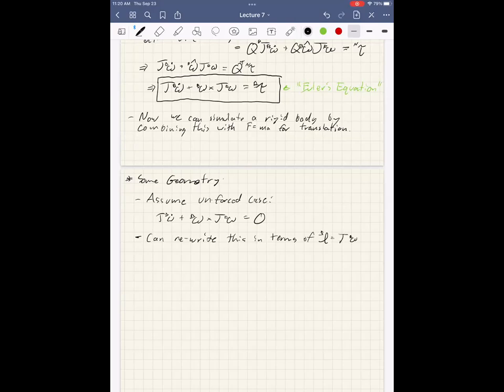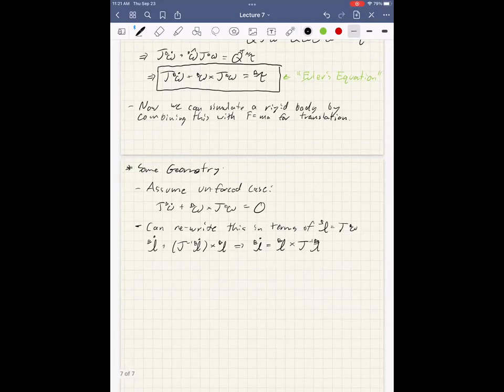So if I plug that in, I'm going to get L dot, which is just the first term, plus omega, which is J inverse L, dot cross L. And then I can slightly rewrite this as L dot equals L cross J inverse L. Simple enough, just messing with cross products.